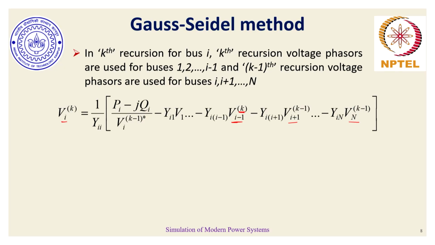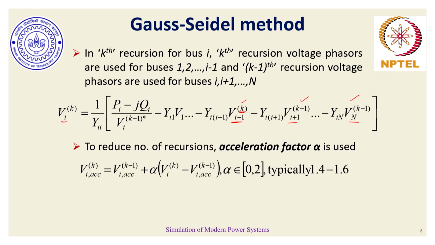In iterative techniques, the unknowns form a single group and this group gets an update in a single go. That is where the difference of recursion or iteration comes in. In the Gauss-Seidel method, since this recursive form of voltage updates is used, the Gauss-Seidel method is called a recursive technique.